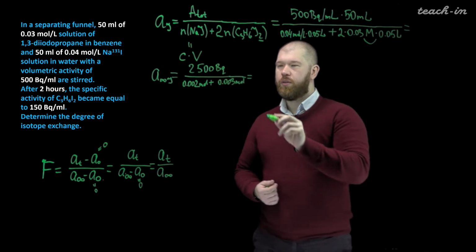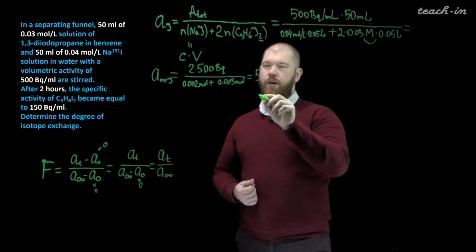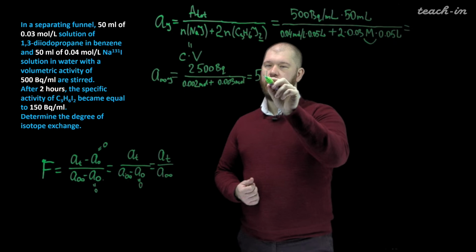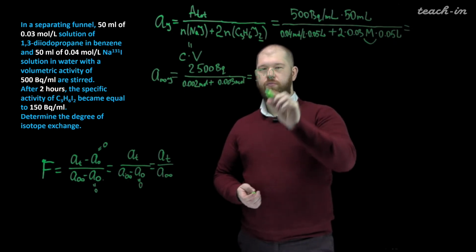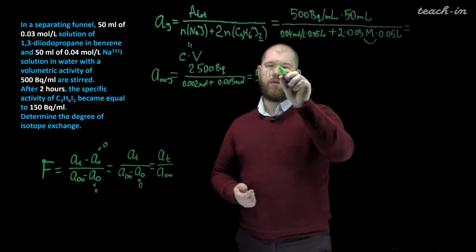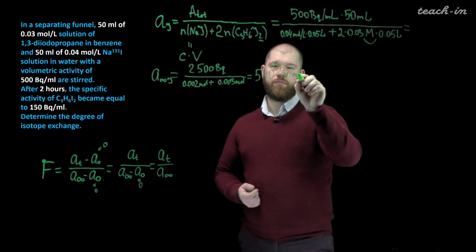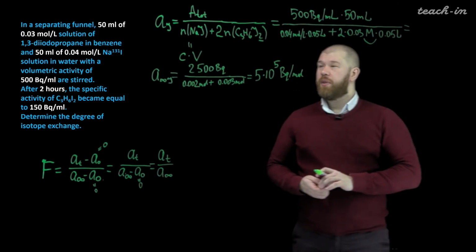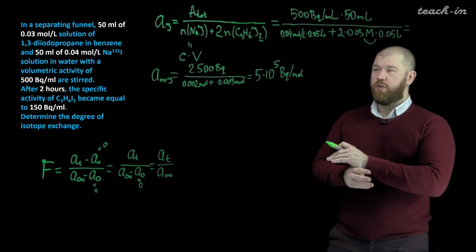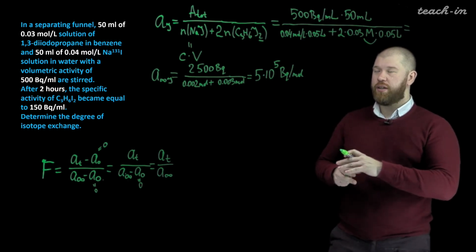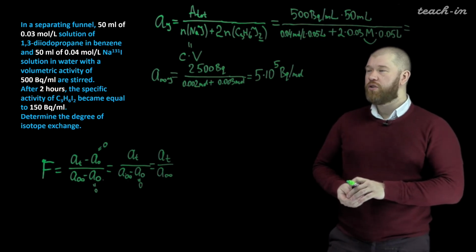So it will be 5 multiplied by 10 to 5 becquerel per mole.